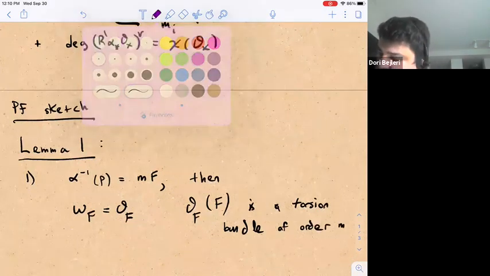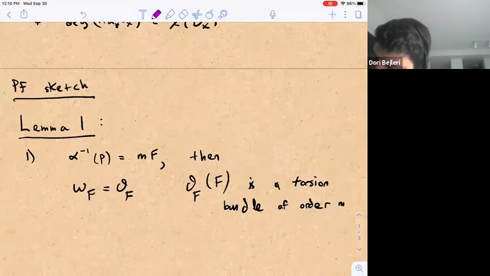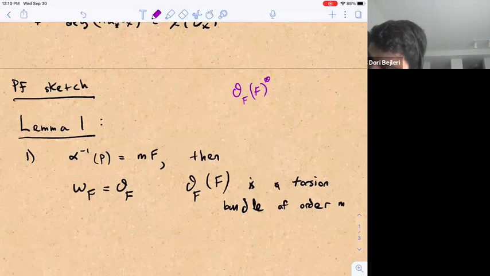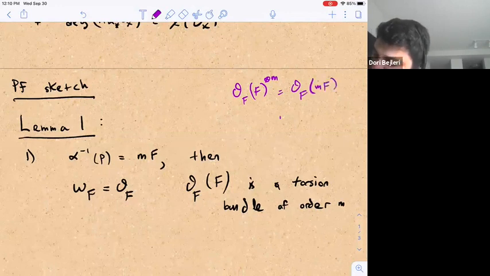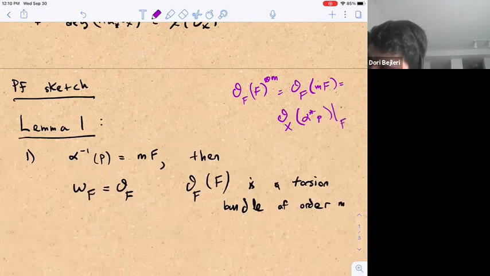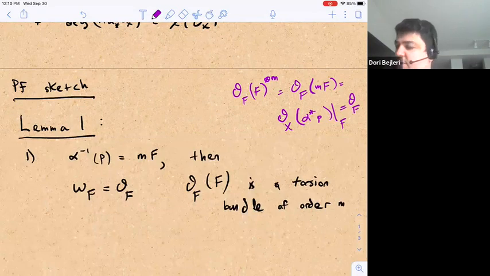So, of course, if we look at O_F twisted by F to the M, we get O_F of MF, which is the same as the pullback from the curve restricted to F, which is trivial because F is inside of a fiber, and so we're pulling back.